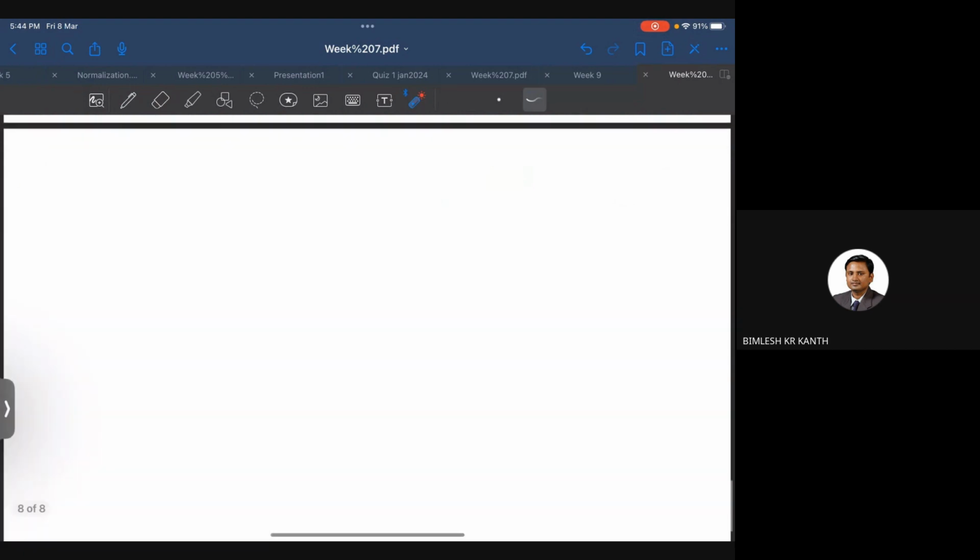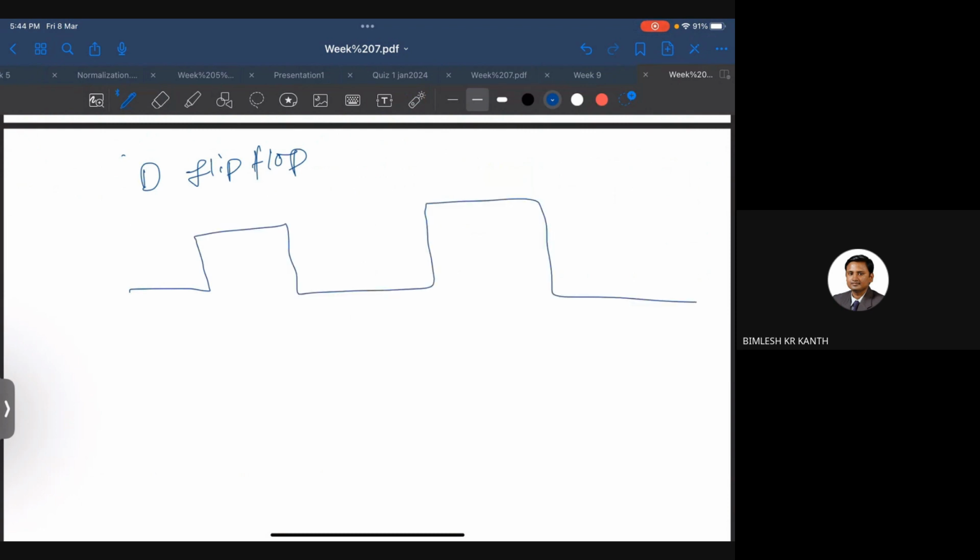Now the D flip flop. There is one difference. In the D latch, when W equal to 1, the output changes according to the D value.